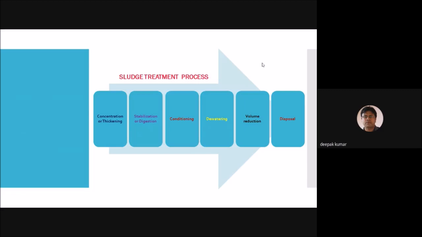From all these processes, we are trying to take out the remaining water present in the sludge, reduce the volume, and reduce the microbial presence on the sludge. We will discuss all of them one by one.